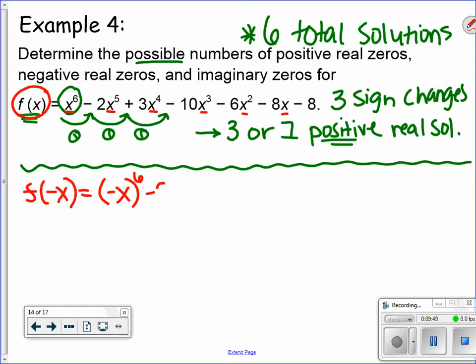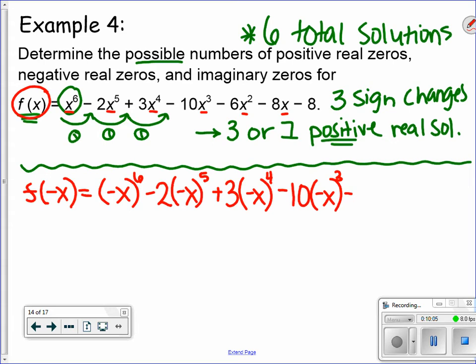Minus 2, oh, I see an x, got to put parentheses, negative x to the fifth. Then you've got plus 3, see an x, you got to put parentheses, negative x to the fourth, minus 10, see an x, we've got a negative x to the third, minus 6, see an x, negative x squared. We are finally getting to the end, minus 8, negative x, minus 8.